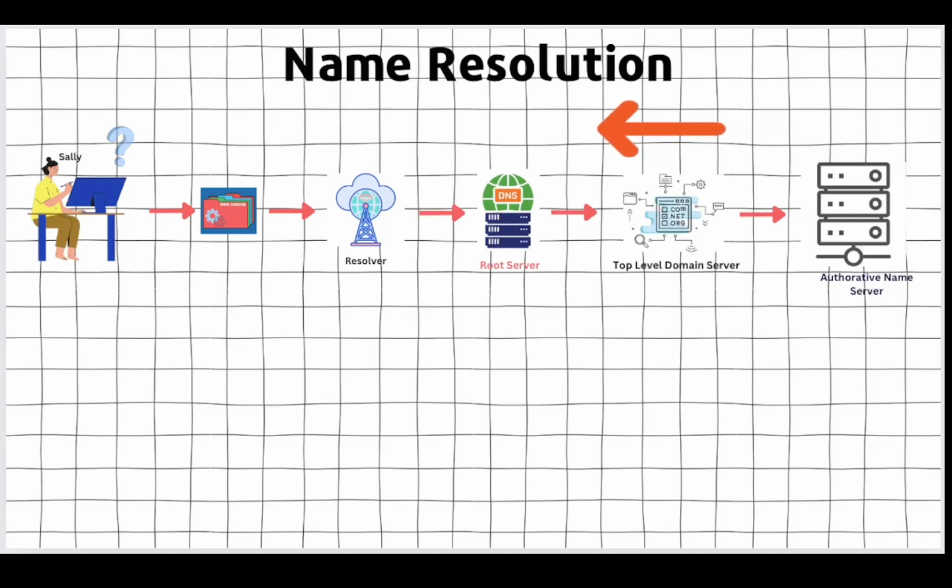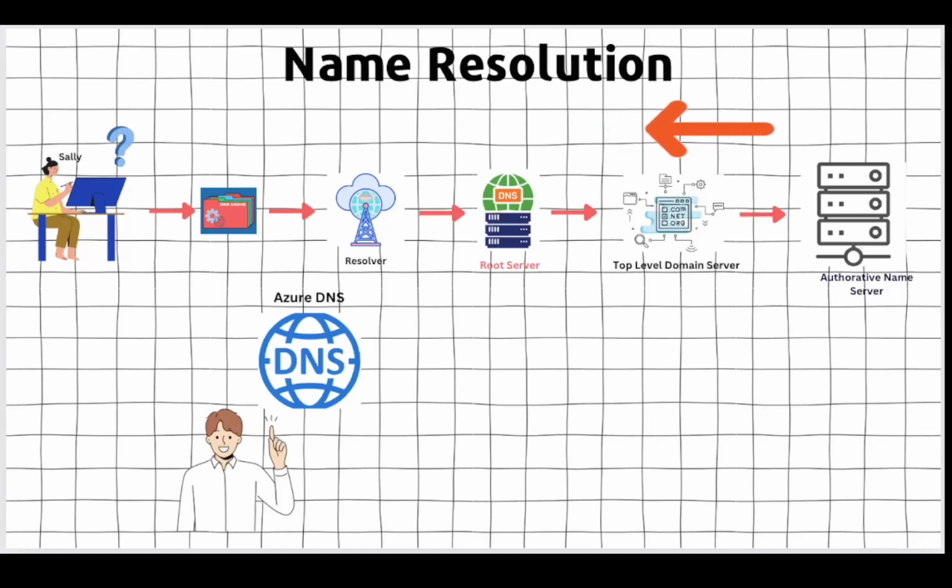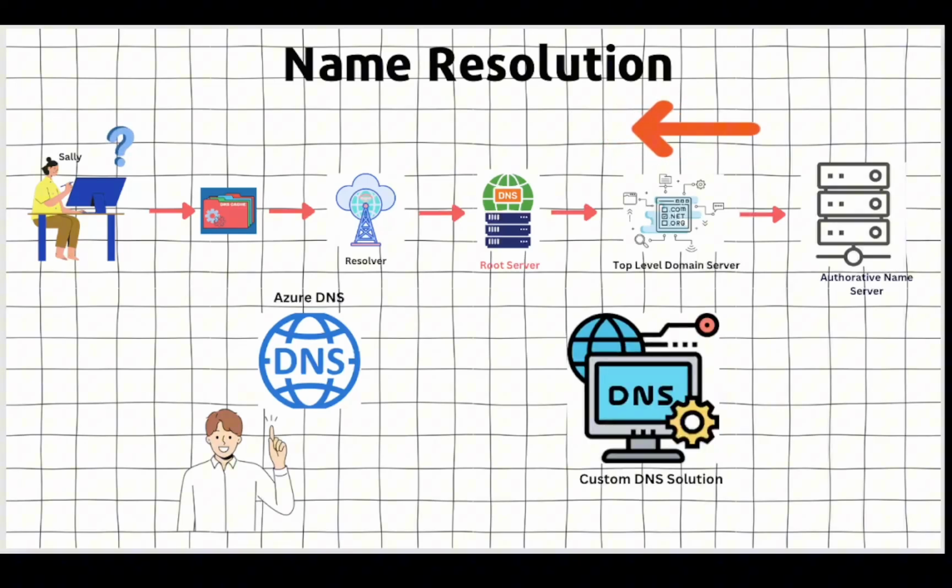Azure itself provides its own DNS service, which means it has its own DNS resolver. By default, when you create a virtual network, Azure provides a DNS resolver and it will help you resolve any DNS resolution requirements in Azure. This may not be enough in some scenarios, and we may need to create something called a custom resolver.